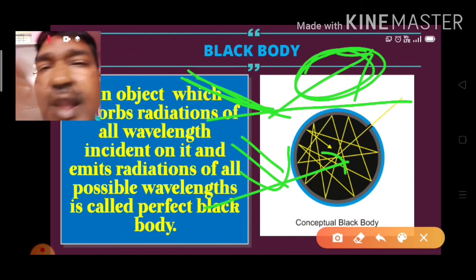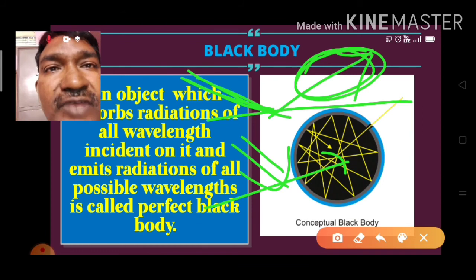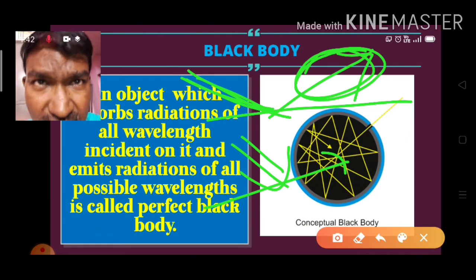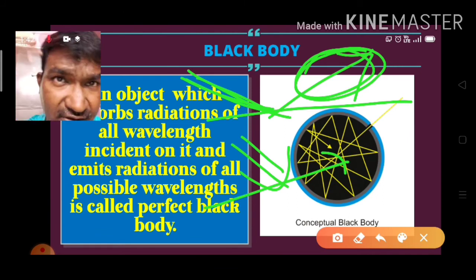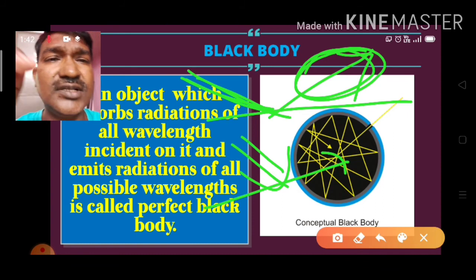An object that reflects all the incident light that falls on it appears in the white color. Any object that absorbs all types of radiations incident on it appears in the black color. So that is the point we have to remember.